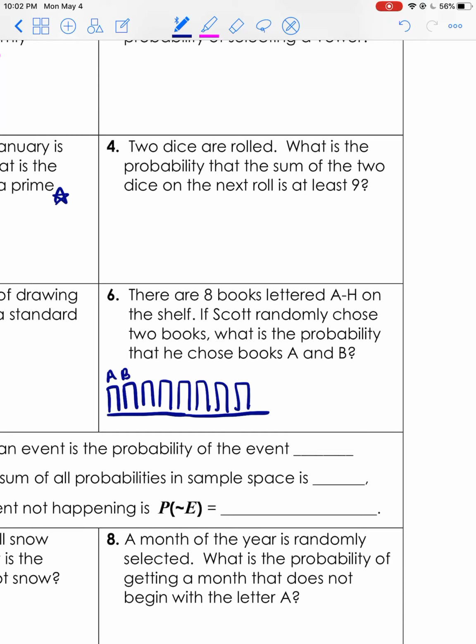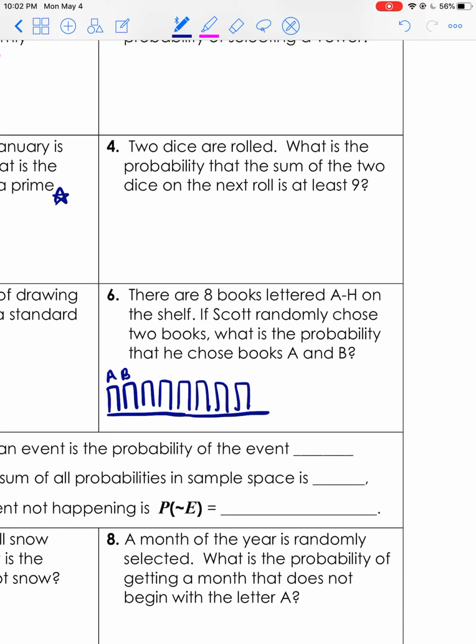Well, this is actually a question that combines simple probability with a combination, all right? Because here there are 8 books he could have chosen from, but A and B are specifically 2 of them. That's not just 2/8, or 1/4.